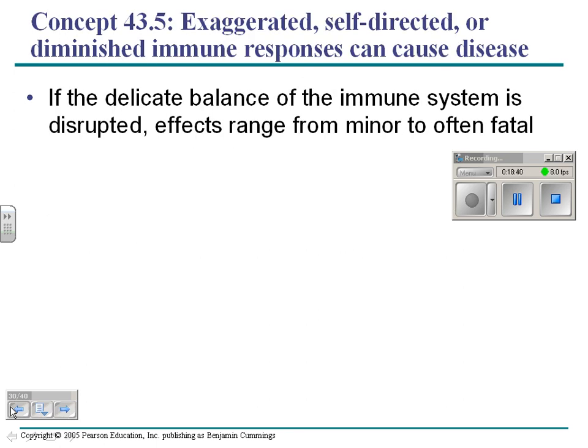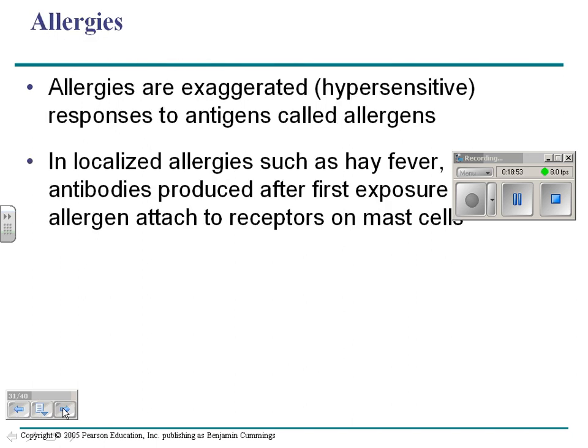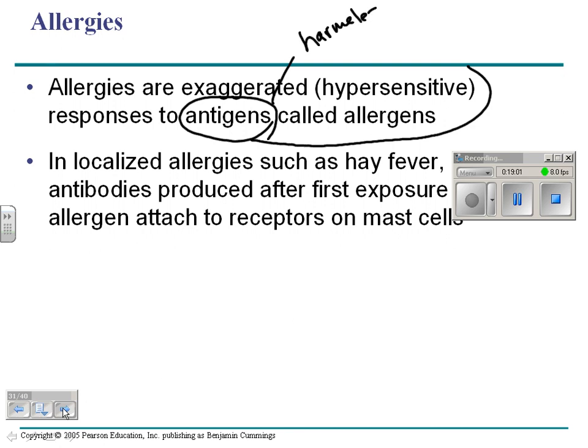There are some kinds of diseases, and we're going to do this very briefly, that have either exaggerated immune response or diminished immune response. And so we have things like allergies, which is an exaggerated response to antigens that are usually harmless. They're not pathogens.